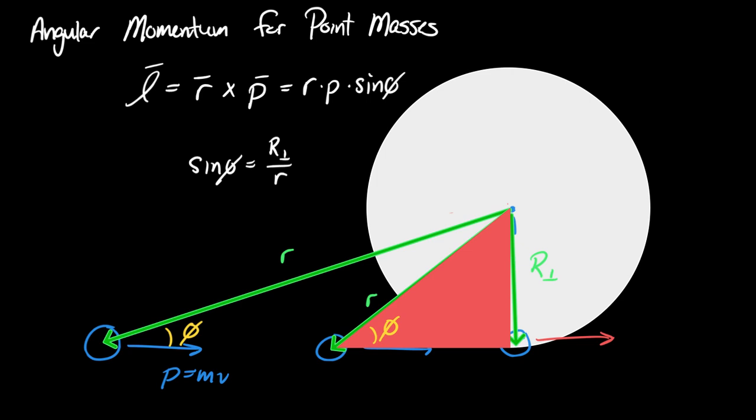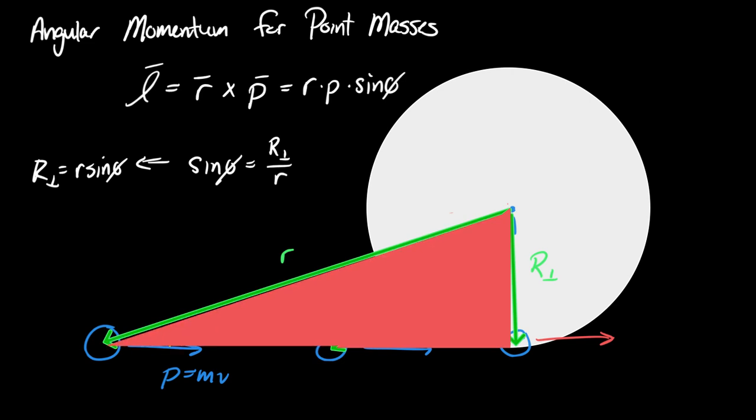So wouldn't R perpendicular equal R sine phi? Okay. How about that triangle? It's a different angle and a different R. But wouldn't it also be that sine of that angle would be R perpendicular over R?